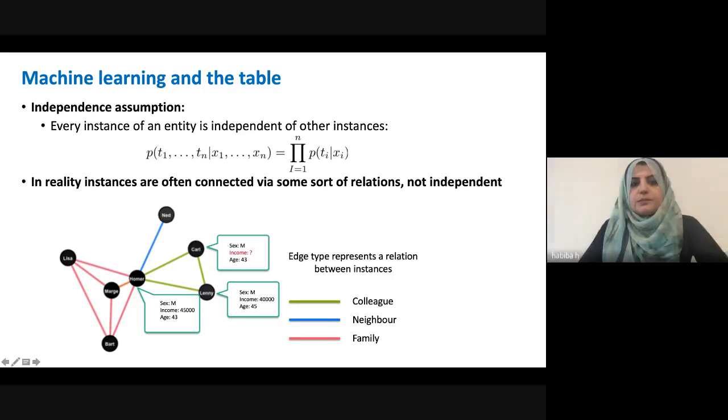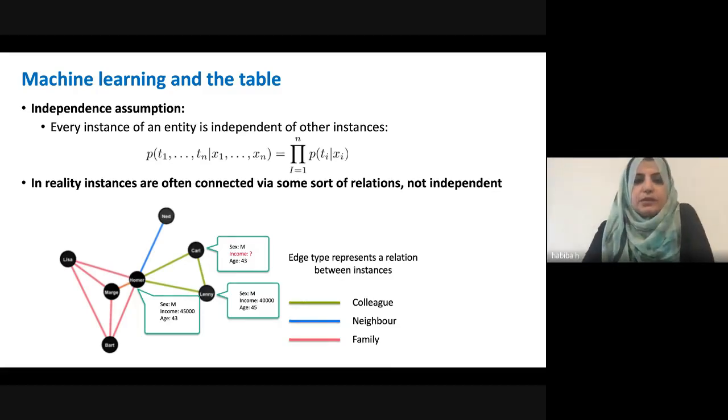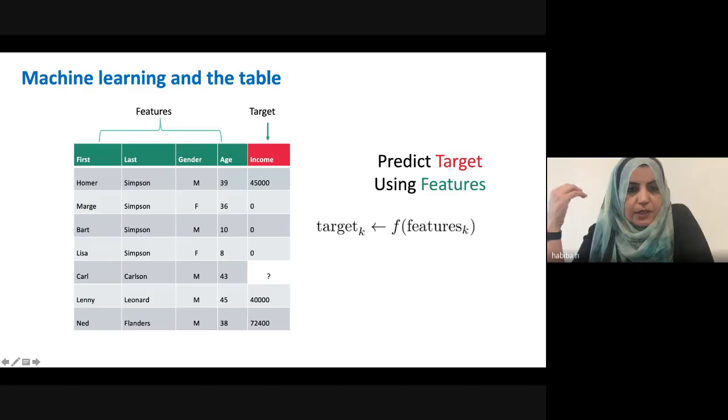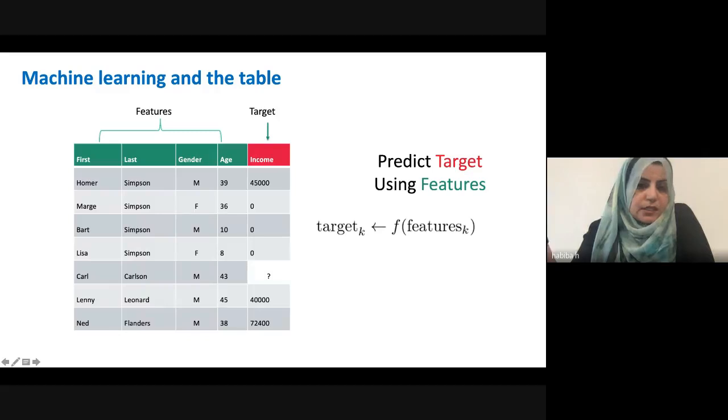So for example, in the previous example, when we were trying to predict the income of individuals, a simple thing is that we can use certain features, probably gender, age, and a number of other features to predict what the income of that target variable could be. What we don't care about is whether one individual is connected to another individual.